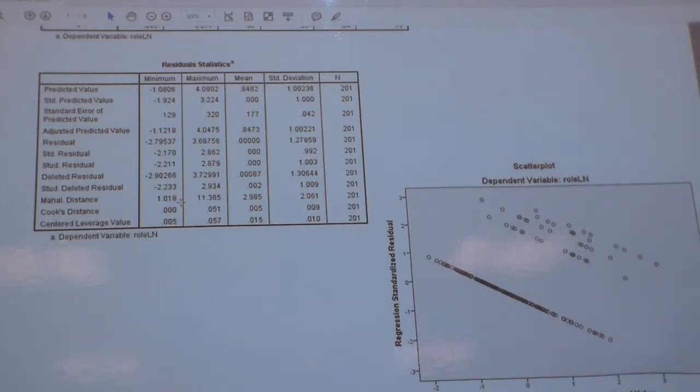But when we look at our residual plot for this model, do we have concerns? Remember, this is a plot of predicted values against our standardized residuals. So think about these as z-scores, right?